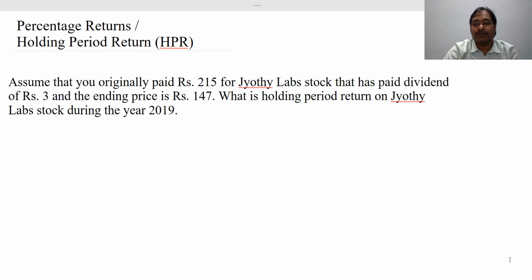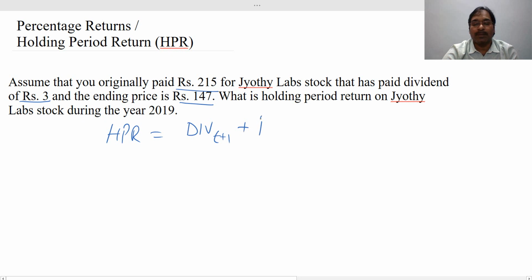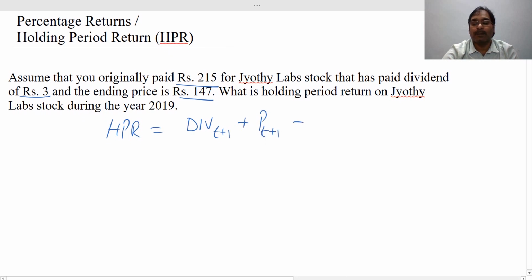Here are the details of Jyoti Labs stock price during the year 2019. So you purchased this stock for 215 and you received a dividend of rupees 3 during the year, and you sold the stock for rupees 147 at the end of the year. So based on this information, calculate the holding period return. To calculate the holding period return, your holding period return is dividend received plus selling price minus purchase price, divided by your purchase price, into 100.